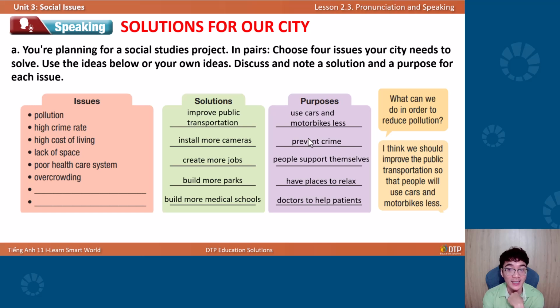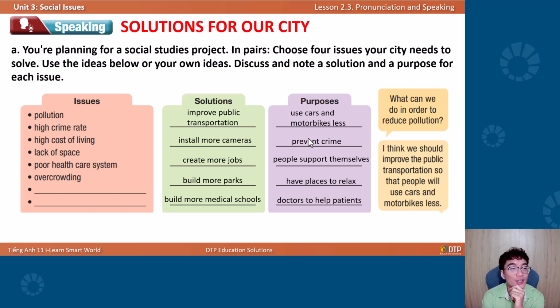Now I ask, what can we do in order to reduce the high cost of living? Now answer, I think we should. Okay, now ask me. How about lack of space? Now ask me.